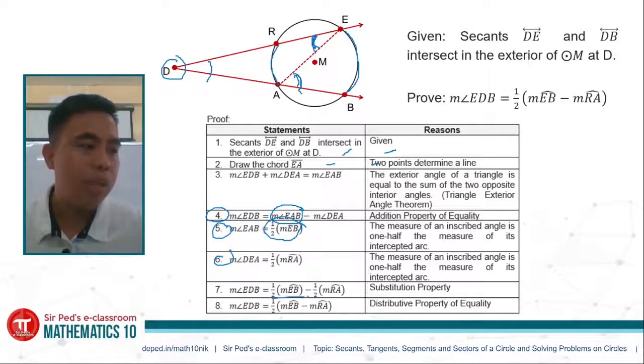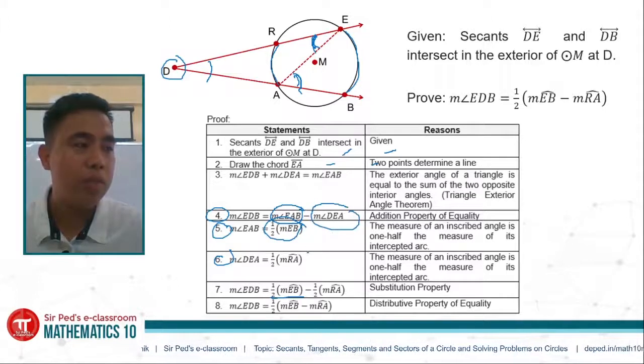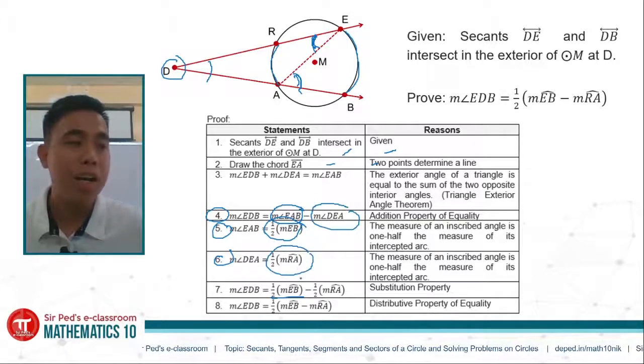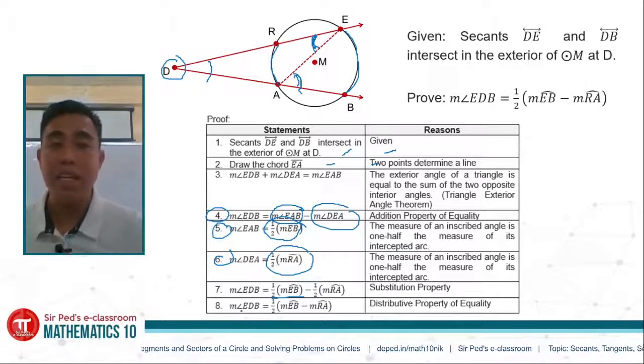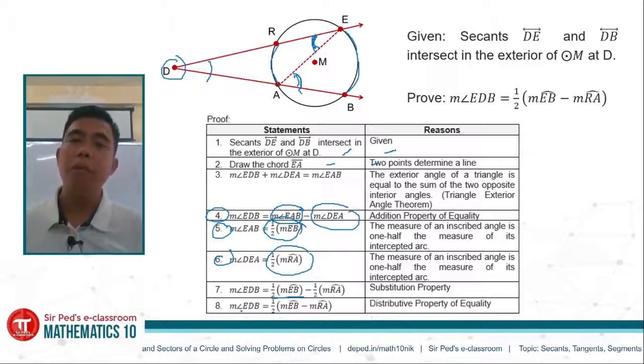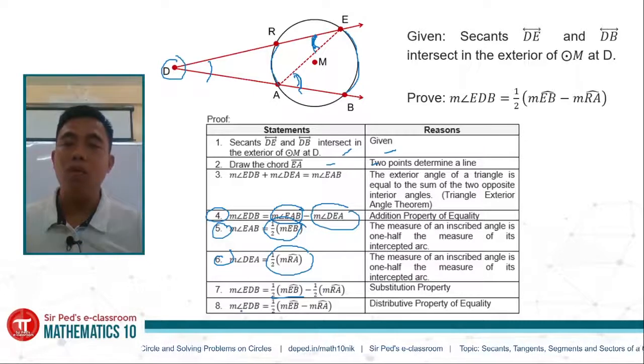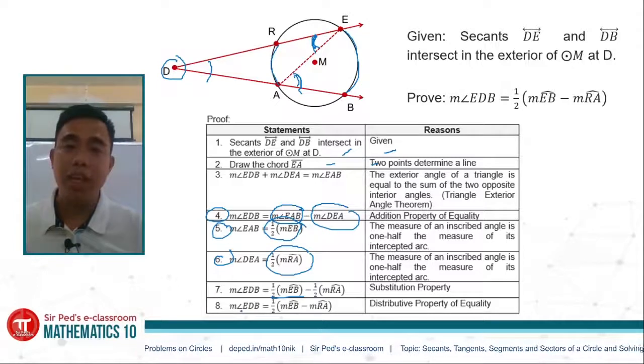And instead of writing the measure of angle DEA, we substitute 1/2 the measure of arc RA. Then by distributive property of equality, we factor out 1/2, that is the measure of arc EB minus the measure of arc RA, and that is equal to the measure of angle EDB. So we are done proving that theorem. The measure of angle EDB is equal to 1/2 the difference of its intercepted arcs.